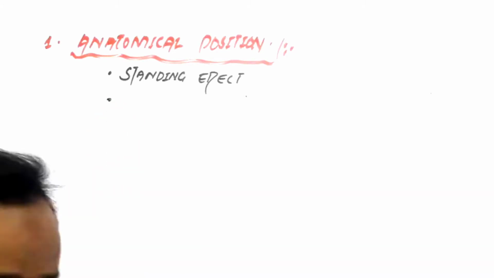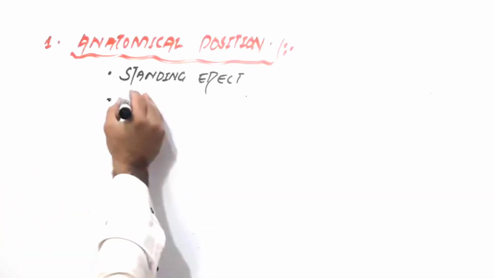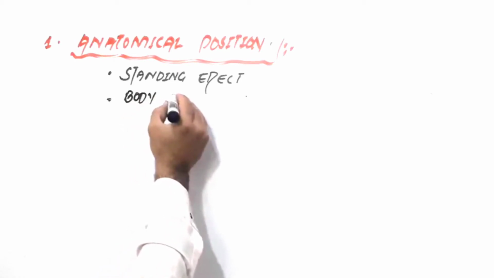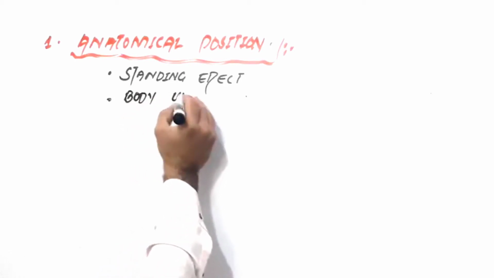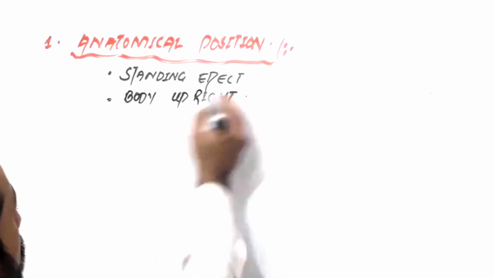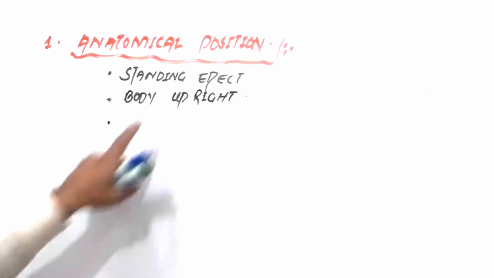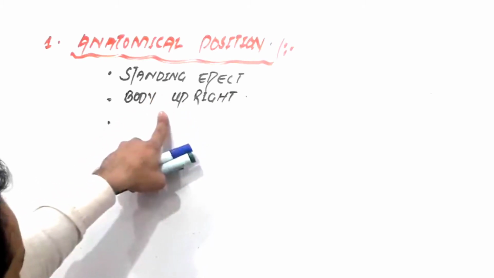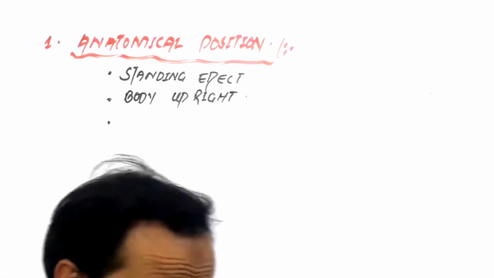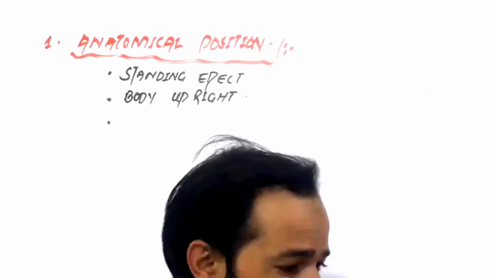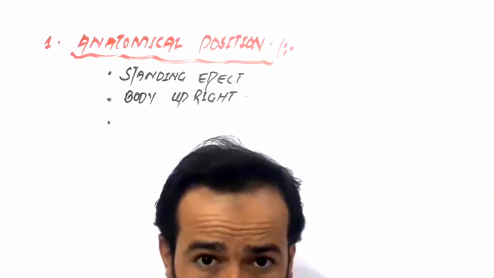The next important point is that the body should be upright. Anatomical position says that you have to stand erect, the body should be upright, and your face should be towards the observer.